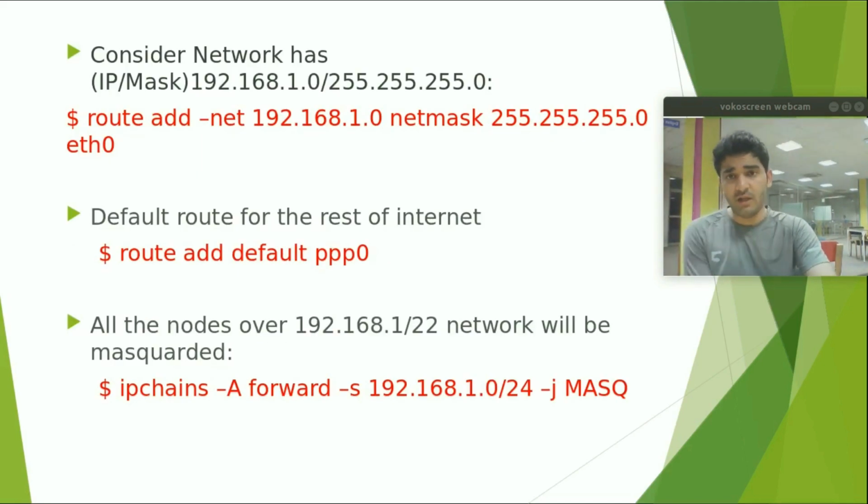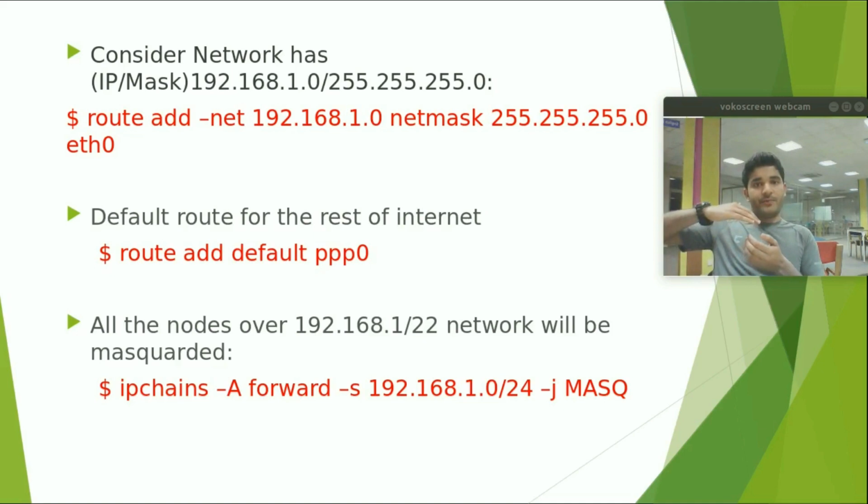Okay. So let's take an example. Let's consider that we have a network with the IP address 192.168.1.0. We are going to route it towards the 8080 device, and ultimately we are going to try to masquerade it.